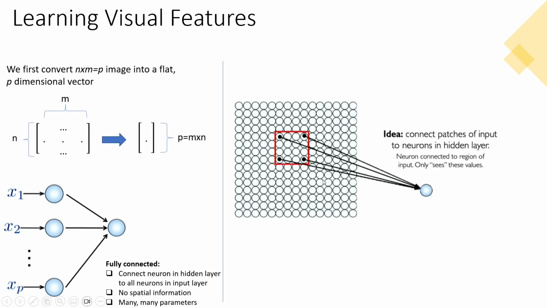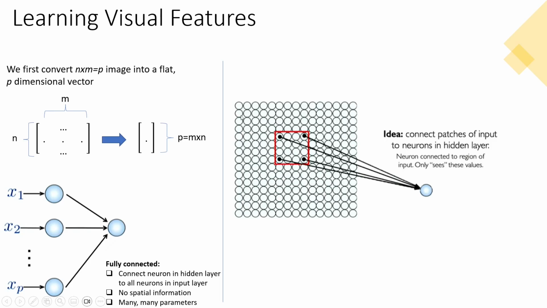But instead of this, we can still use an image as a two-dimensional matrix, such as in this case. These are the pixels of the image. But instead of feeding this two-dimensional image, we can feed some parts of this image filtered by something.